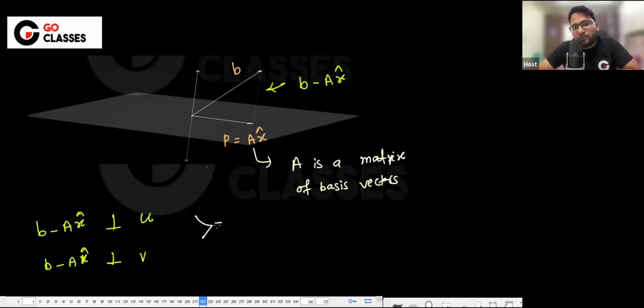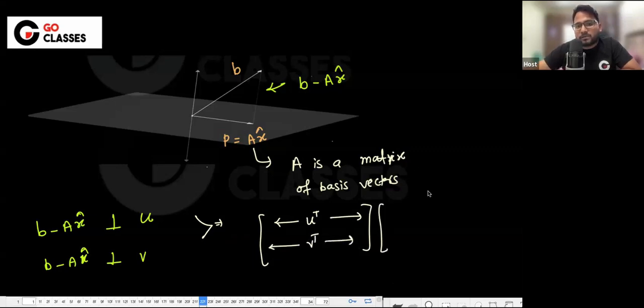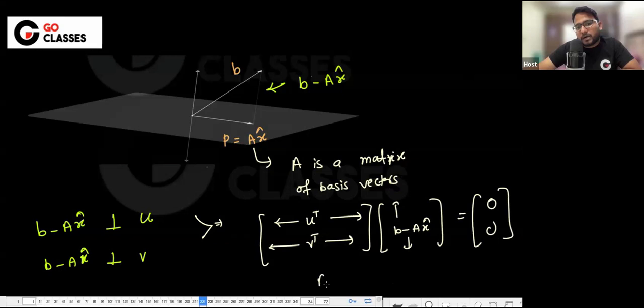So ultimately, from here, you can say this u and v perpendicular actually means that u transpose into this one vector, v transpose this one vector, which is b minus Ax cap, should be giving me 0 and 0, which means A transpose into b minus Ax cap should be 0.